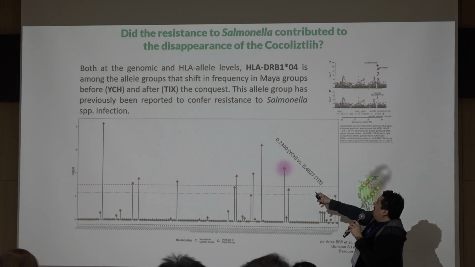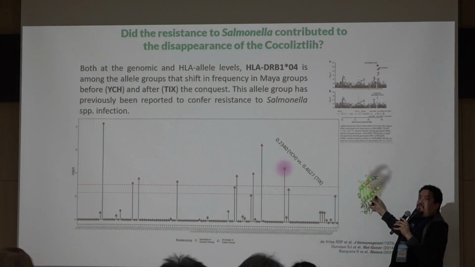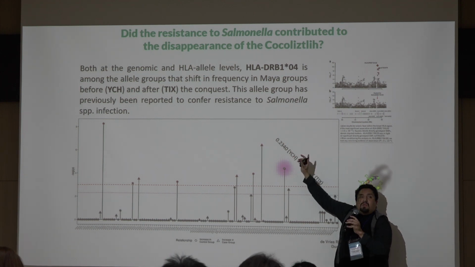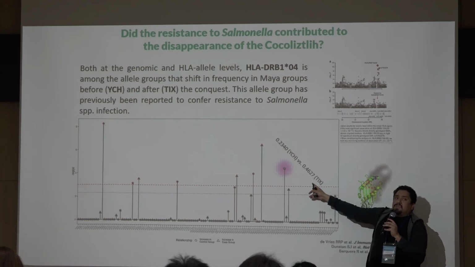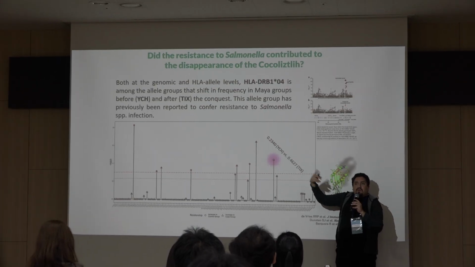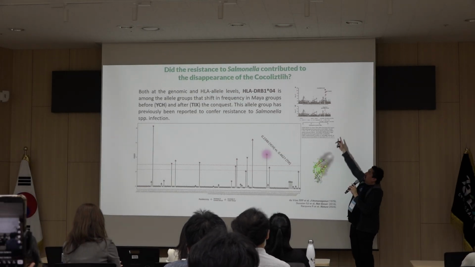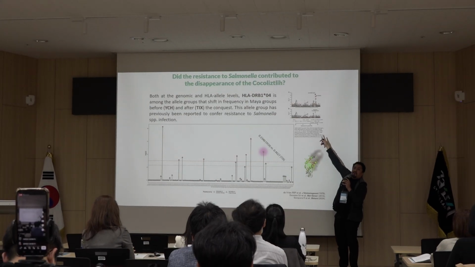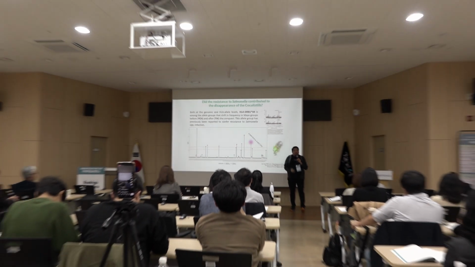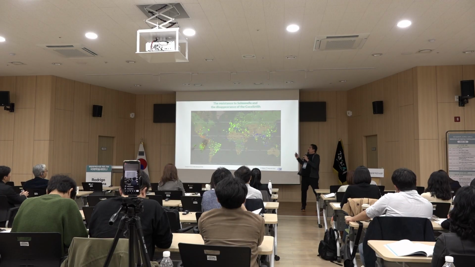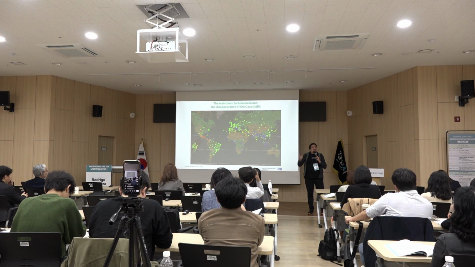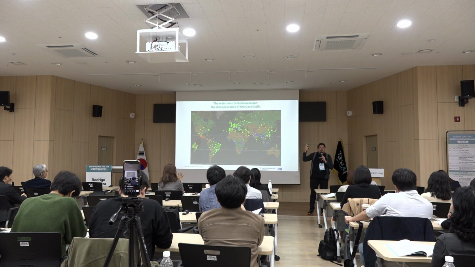What we can see is that one of these specific variants for these HLA molecules went from 23% to 46%. So it doubled in frequency through time. And this variant is actually the one that has been reported to be resistant to enteric fever. And again, you can say, okay, but this is just one shift.